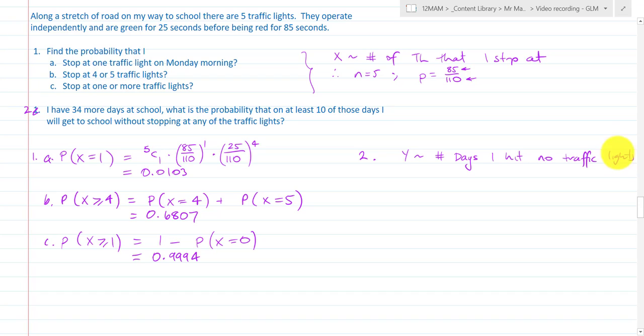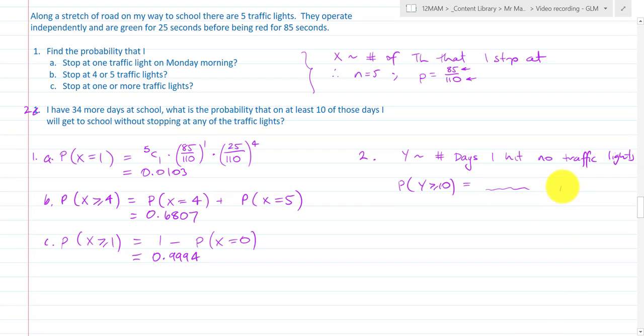So this probability is probably going to be quite small, but I want the probability that Y is greater than or equal to 10. And this will be equal to 34C10 times p to the power of, greater than or equal to, it's going to be a BCD, so there's lots of stuff there. Probably that Y equals 10, probably that Y equals 11, probably that Y equals 12, etc.